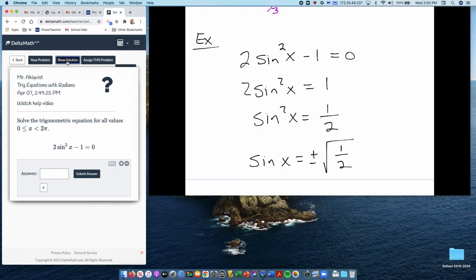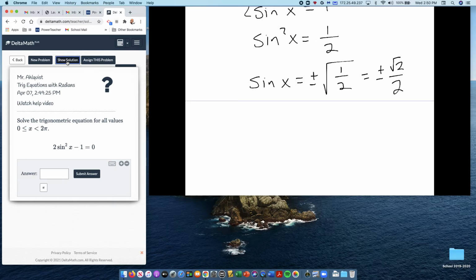Now, you might go, well, what is that? We haven't done anything like that. That's the same idea as doing plus or minus the square root of 2 over 2 if we rationalize the denominator.